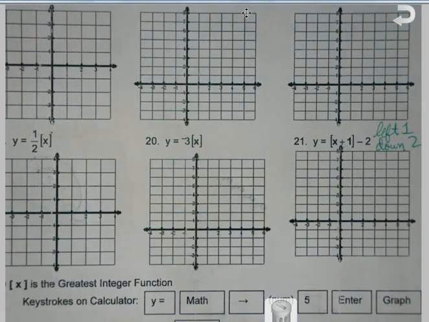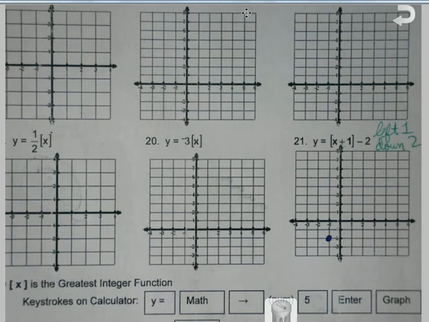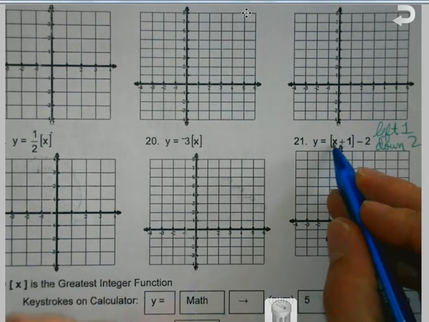So here's how this is going to work. For my first dot, I'm going to go left 1 and down 2, and then do my steps from there. So in this case, slope's back just being 1.